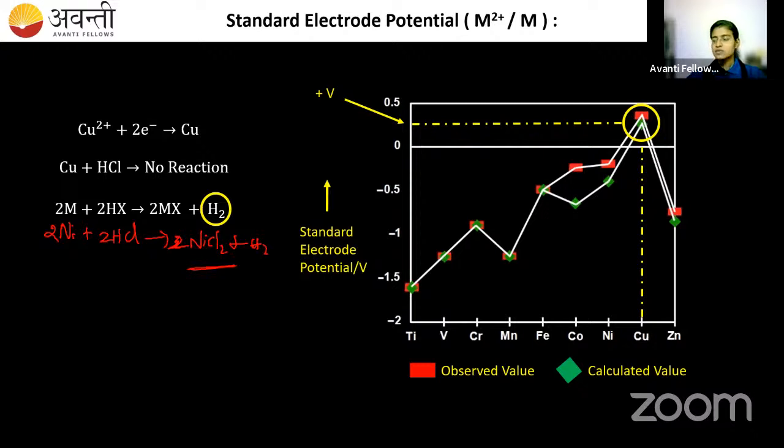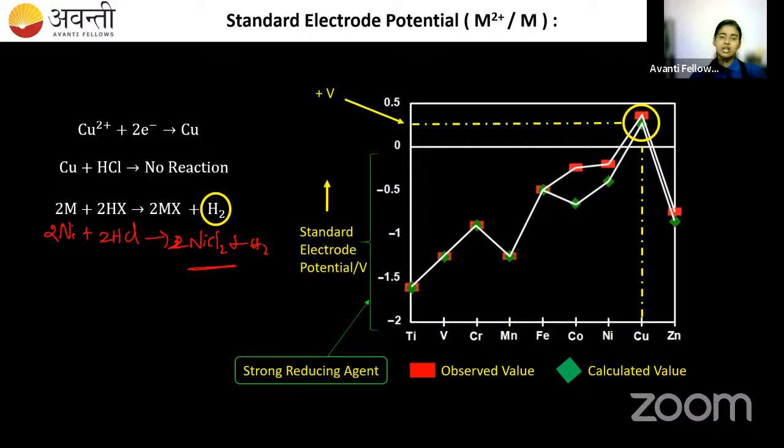The elements which have a negative electrode potential value are called reducing agents, and the ones which have a positive value are called oxidizing agents. So copper cannot react with HCl, but copper will react with H2SO4 and with HNO3.